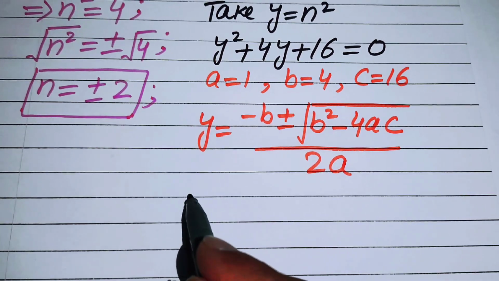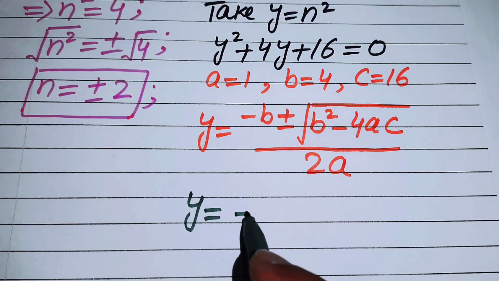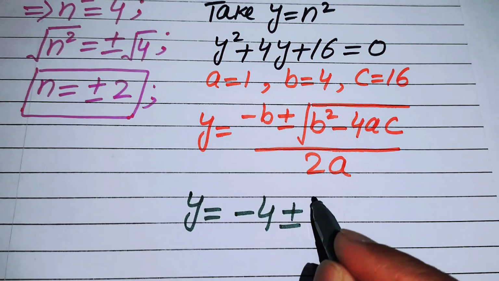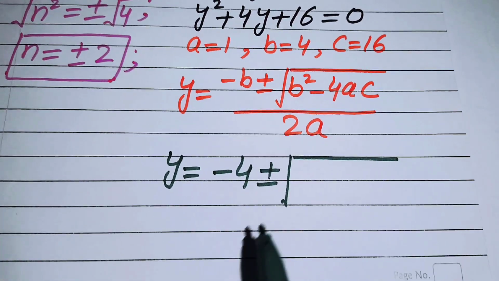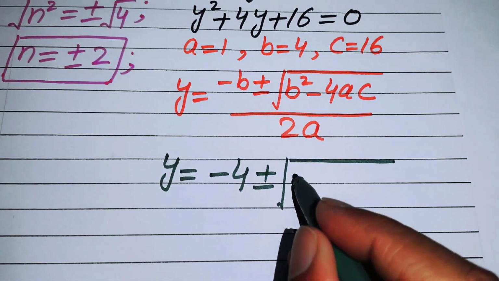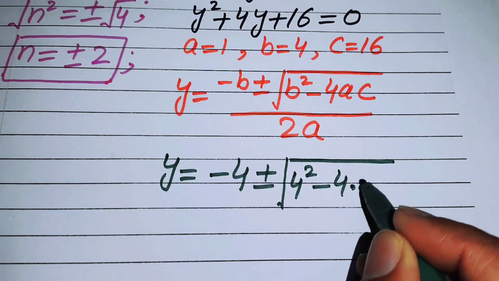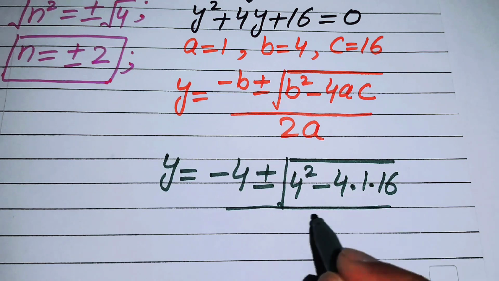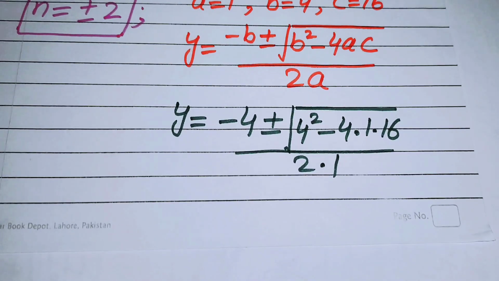So we have y equals minus b, the value of b is 4, so it becomes minus 4 plus minus square root of b squared, and b is 4 squared, minus 4 times a is 1 and c is 16, and this whole over 2 times a, and a is 1.